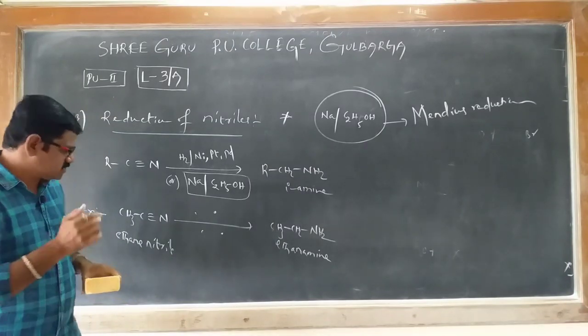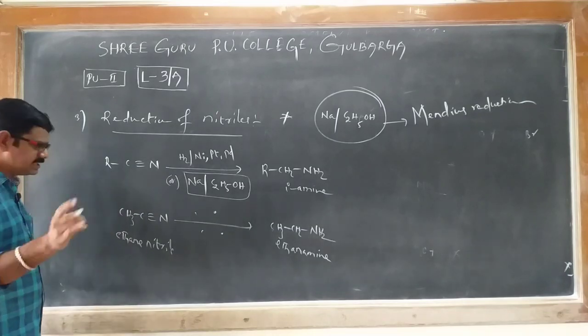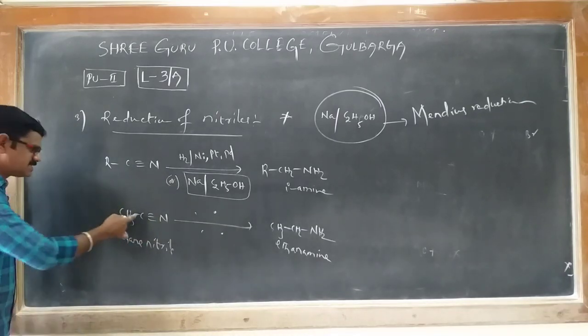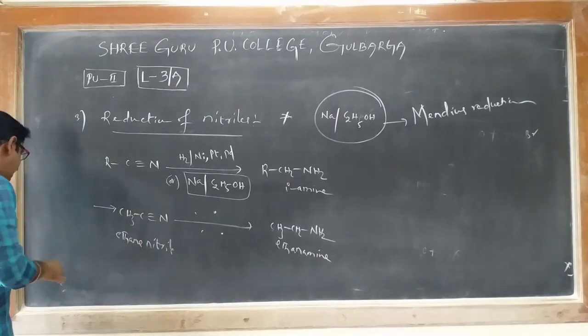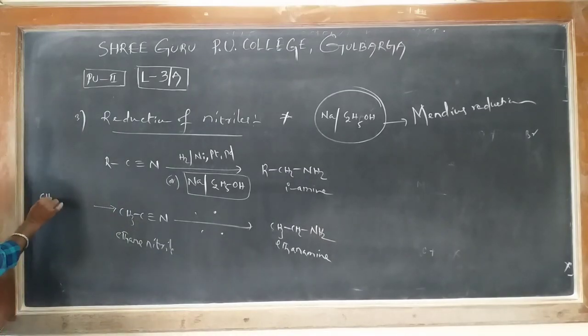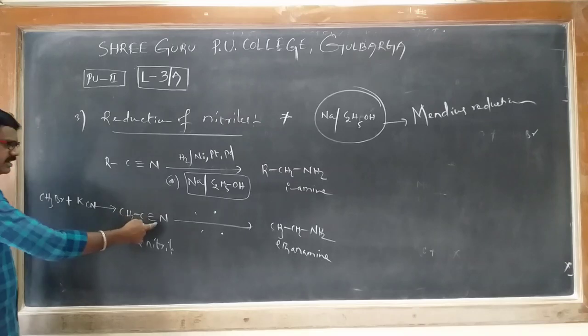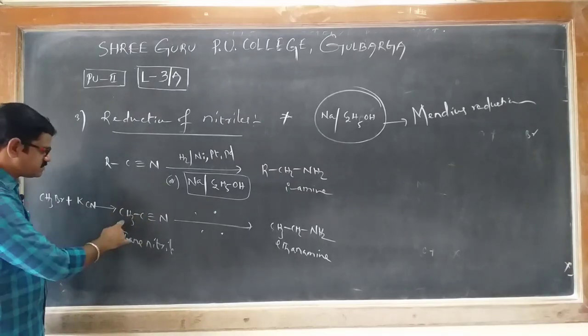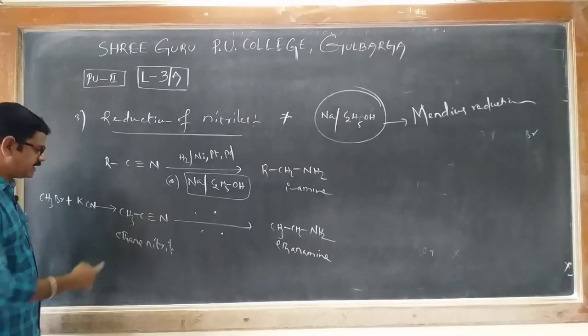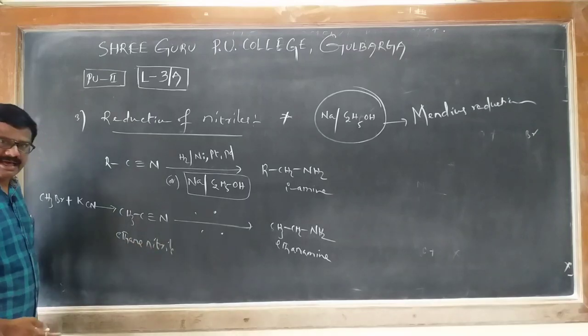Very simple. Actually, this nitrile, nothing but a cyanide, is basically obtained from an alkyl halide like this: CH3Br reacted with potassium cyanide. Alkyl halide reacted with potassium cyanide gives the corresponding alkyl cyanide, that is ethane nitrile or methyl cyanide.